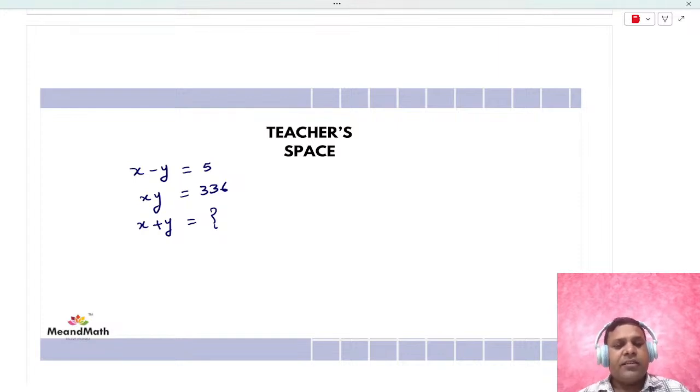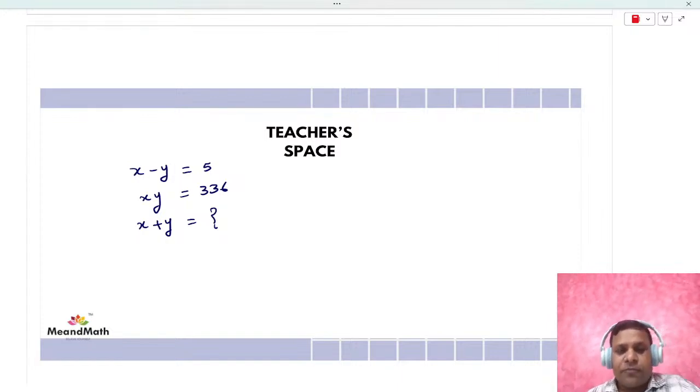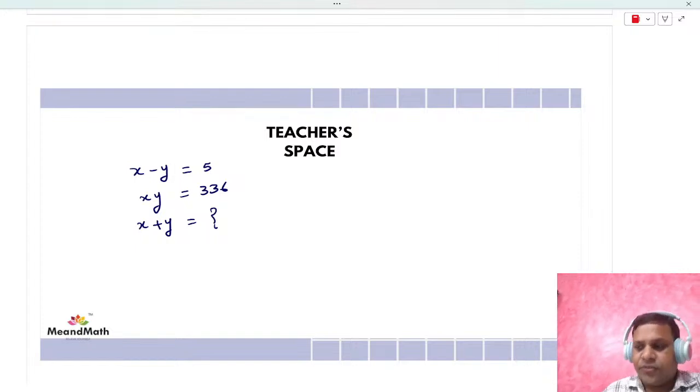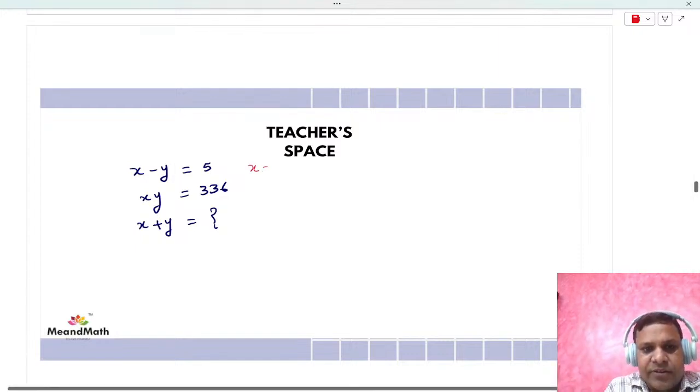So there are two methods to solve this question. First one is substitution method. You can substitute the value of x or y in the second equation. So I'm giving you the first method: here x is equal to y plus 5 from this. Now replace this in equation number 2.